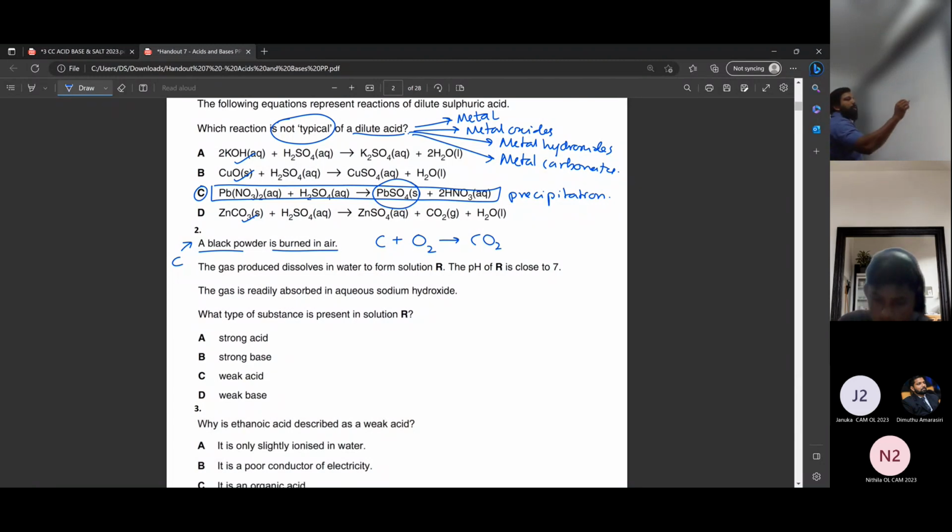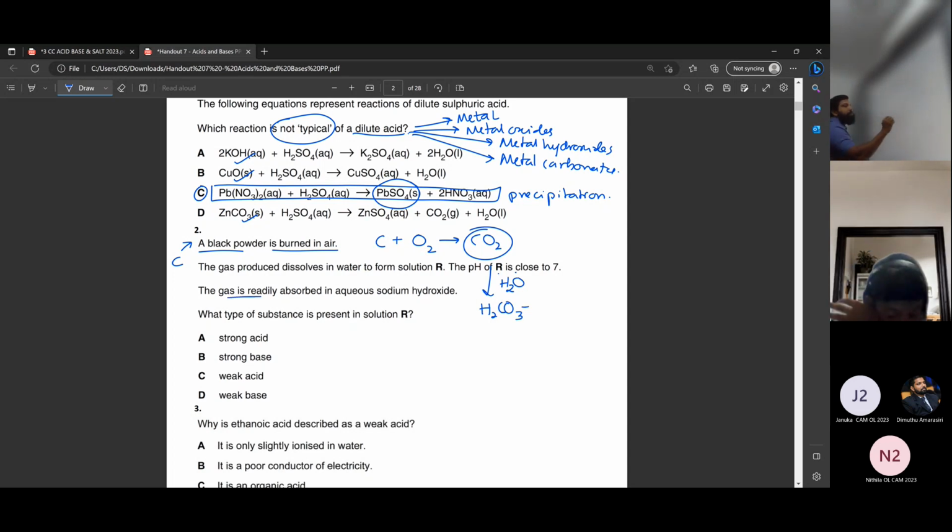And the pH of solution R is close to 7. It's not 7. That means it may be slightly acidic or slightly basic. You know that carbon dioxide dissolving in water, we learned about acid rain, but this is not acid rain. Normal rain is around 5.5 to 6, because of a little bit of carbonic acid, right?